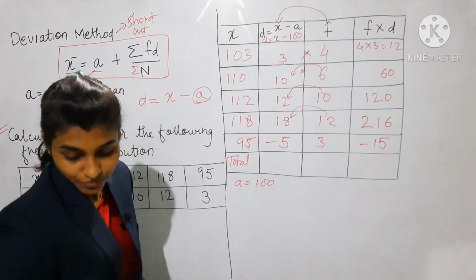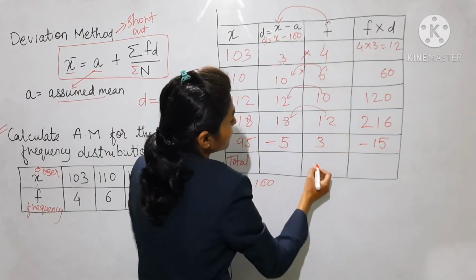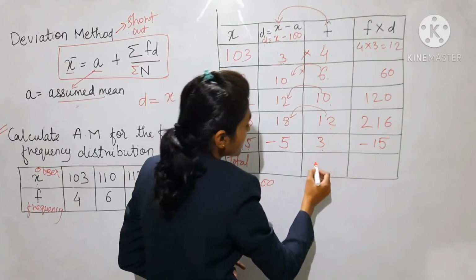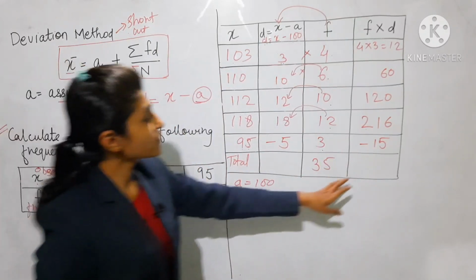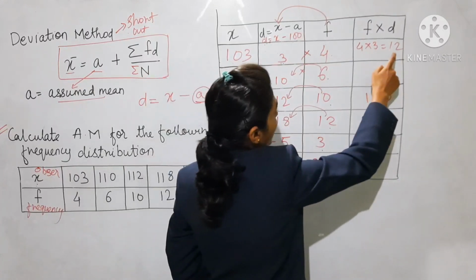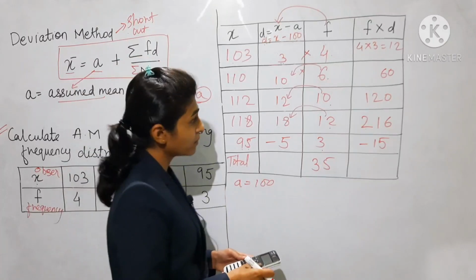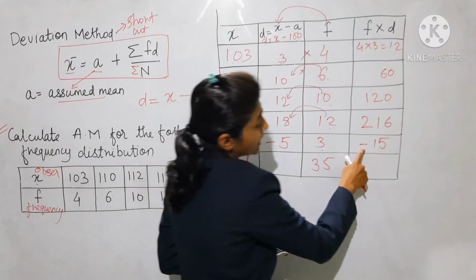So now the total of this F: 4 plus 6 plus 10 plus 12 plus 3, we get 35. Okay. Now next we have to make the summation of FD. Add 12 plus 60 plus 120 plus 216, and see, the sign is minus.